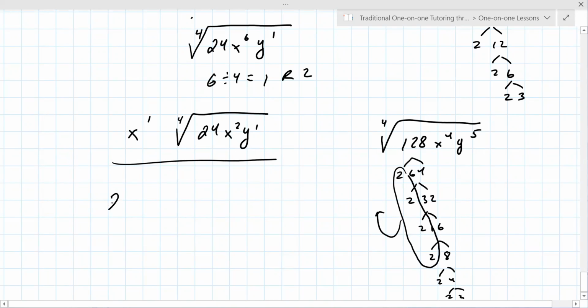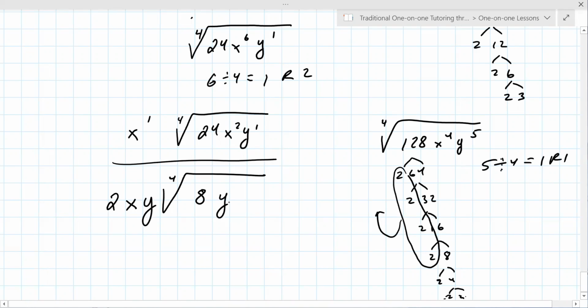So there's a 2 that comes out, and the 4th root of what's left over is 8, because it's 2 times 2 times 2. Now 4 divided by 4 gets an x out here. 5 divided by 4 gets you 1 with a remainder of 1. So 1 y comes out, but 1 y is left over inside.